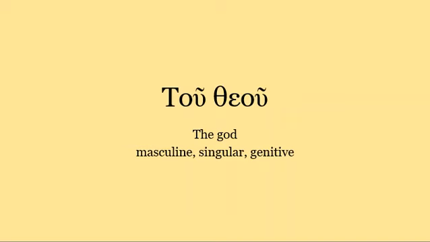Now, I say the god here, and that is a pretty good direct translation, though since it's in the genitive, you could also say of the god. And that is often a good way to think of the genitive with that word of in front of it. Not always, but it is a useful rule of thumb to keep in mind.